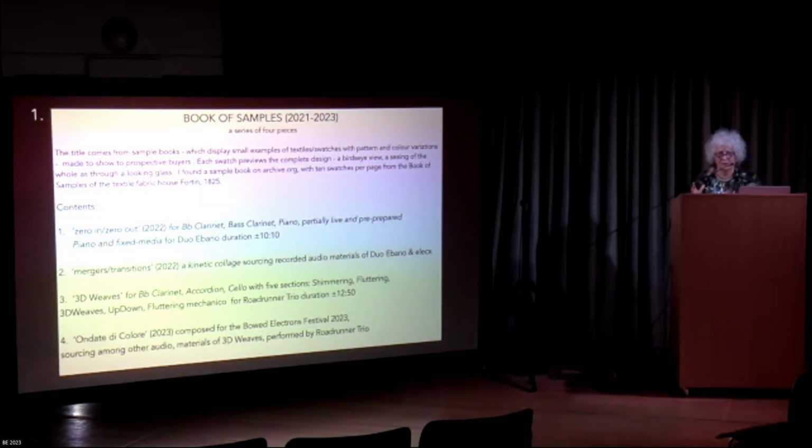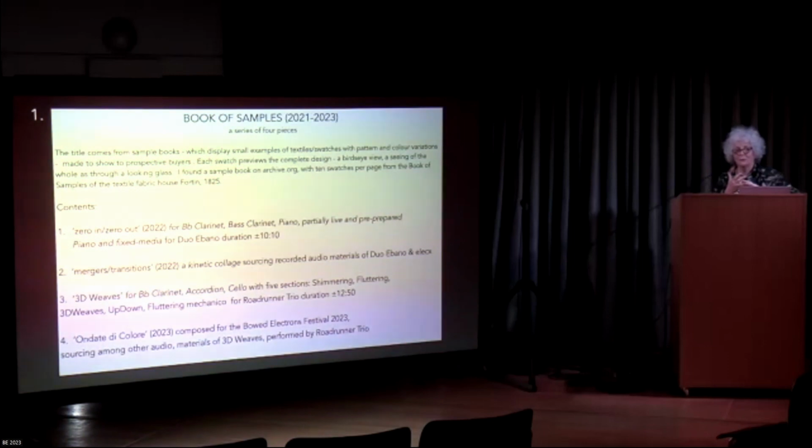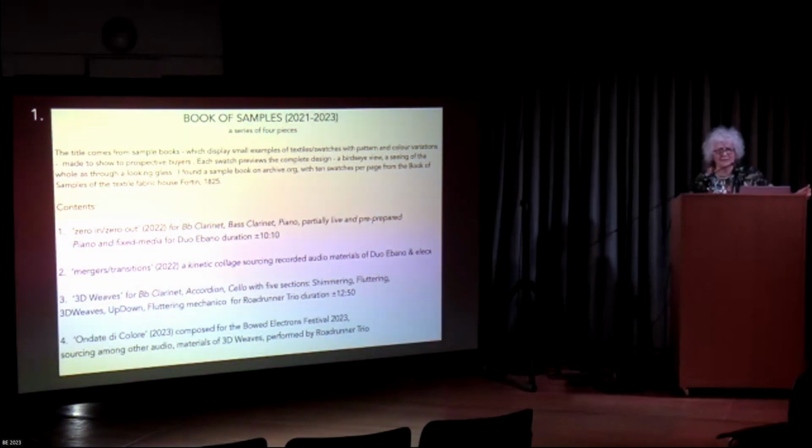The completion of the idea, Book of Samples, was to have an audio-visual work, because I liked this experimental imagery I'd started on doing, and I thought, I get these images from this museum, this Book of Samples, and I'm going to do the same technique, more or less. That's for the visual part, but now I also have audio. I had a quite nice studio recording of the first piece, 0 in, 0 out, for clarinet, bass clarinet and piano, and I used that as a basis for what I call a kinetic collage.